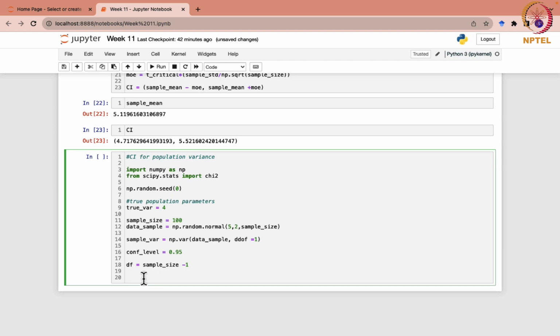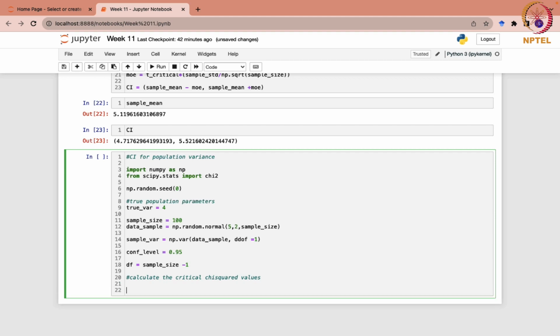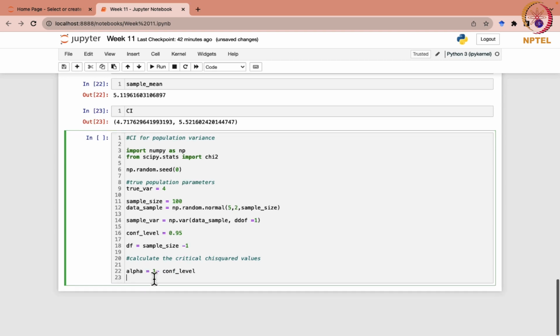Now we have to calculate the critical chi-squared values. So here, alpha would be 1 minus confidence level, conf level, and chi-square lower would be chi2.ppf of alpha by 2 and the degrees of freedom that we have specified.